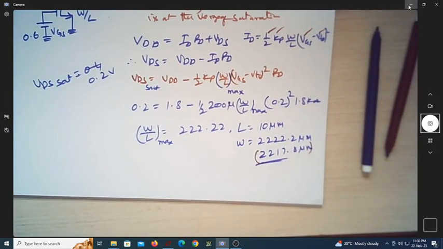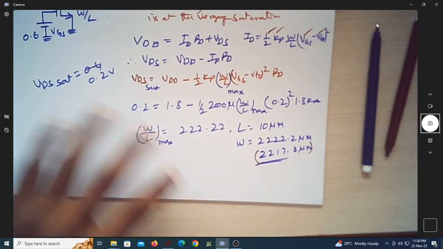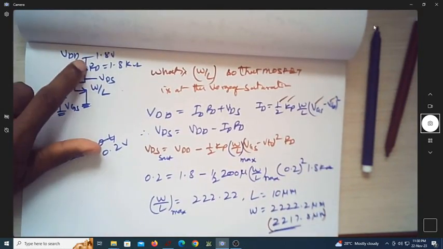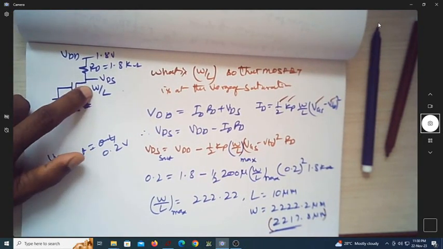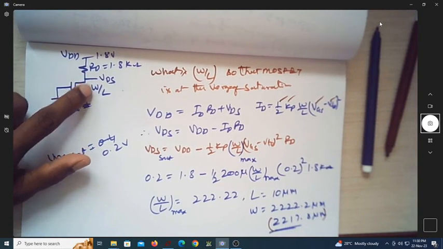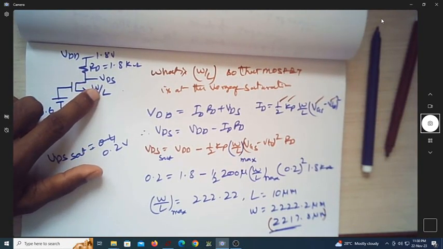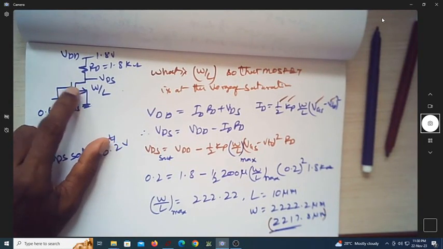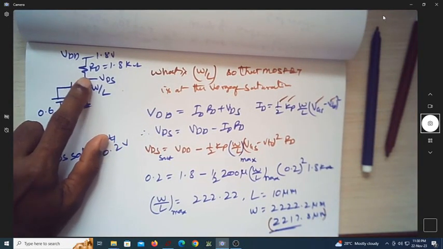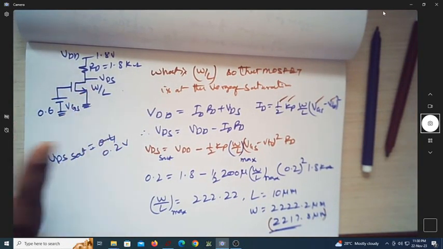Now it's exactly the same way as we did in the first problem. In the second problem, the only difference is you have a fixed value of RD and you are changing W by L to keep the MOSFET in saturation. If W by L goes beyond this 2222, then the MOSFET goes to the linear region, because VDS will become less than VDS sat.